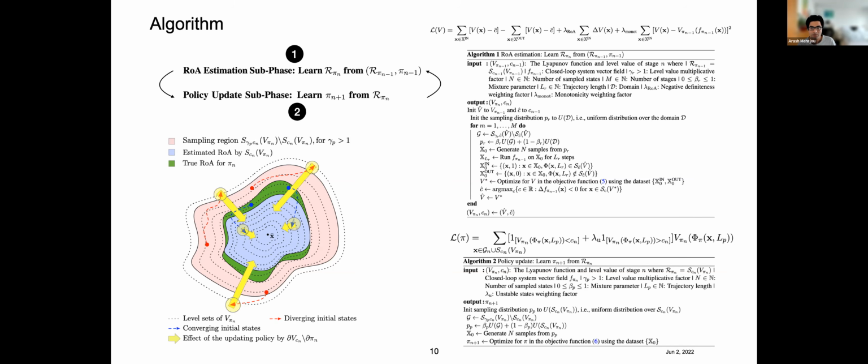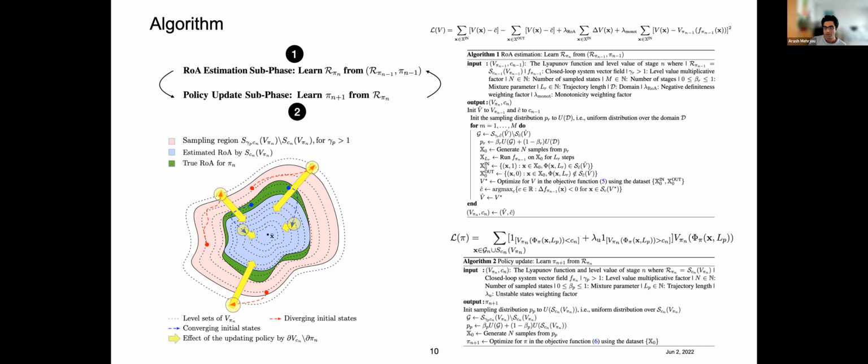On the right there is some pseudocode, but basically these are the loss functions that we optimize for this problem. On the top right, you see the loss function for learning the Lyapunov function, which is basically a classification loss function. And you also see the loss function that we optimize for learning the controller in the bottom right.